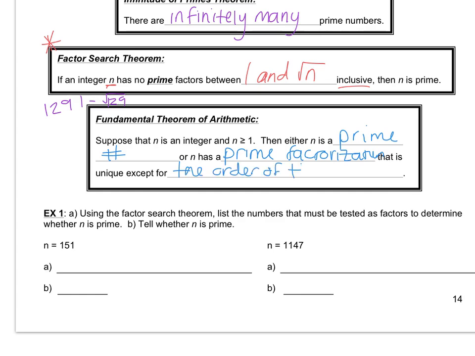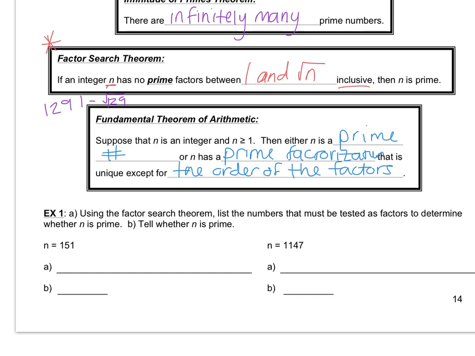So every number greater than 1 is either prime, or you can factor it into its prime factors, and that factorization is unique to that number except for the order of the factors. I'll show you in a couple of examples on the next page.